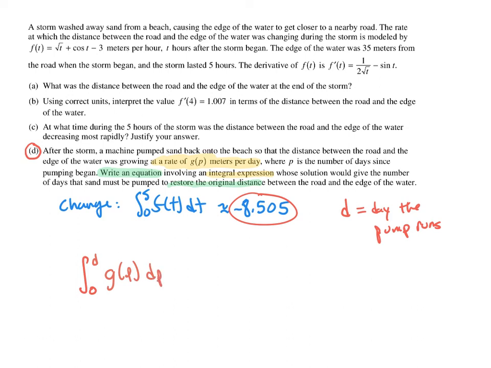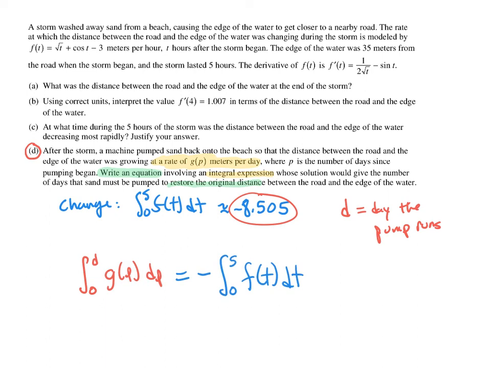And then the way we're going to solve for D is to set it equal to the opposite of this 8.505. It said write an integral expression, so I'm going to write the integral instead, but essentially we need the opposite of that negative 8.5 meters. We need positive 8.5 meters. So this expression will get us there.